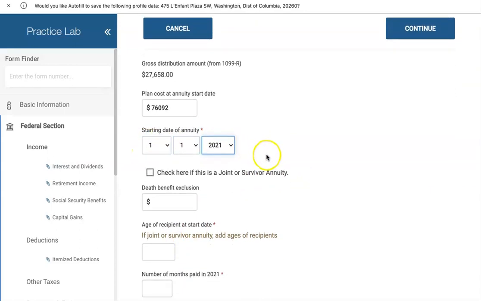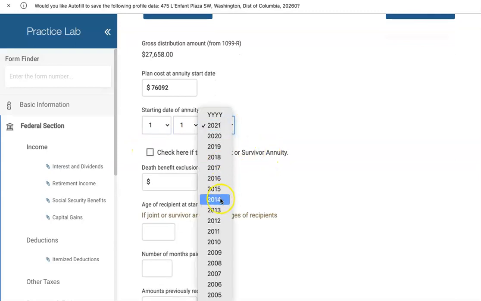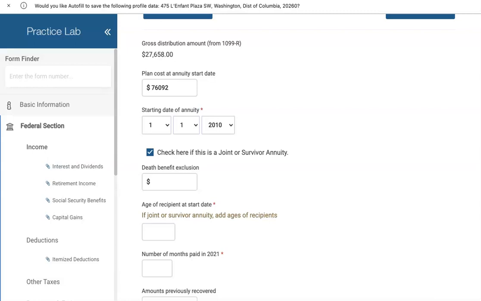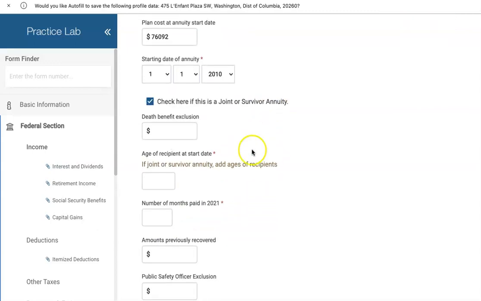Starting date of the annuity, we know from the problem, is 2010. This is a joint or survivor annuity. What that means is that if Mr. Cantor dies first, the annuity would continue with his wife. There is no death benefit exclusion.